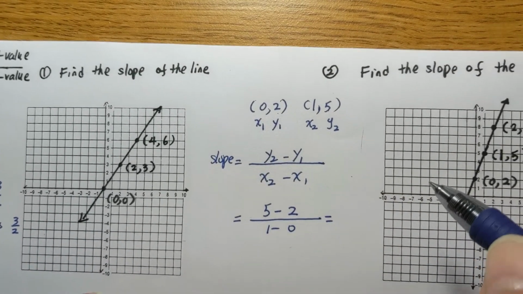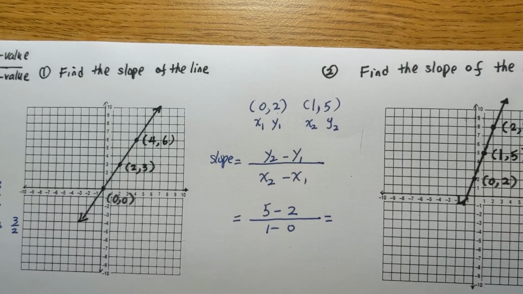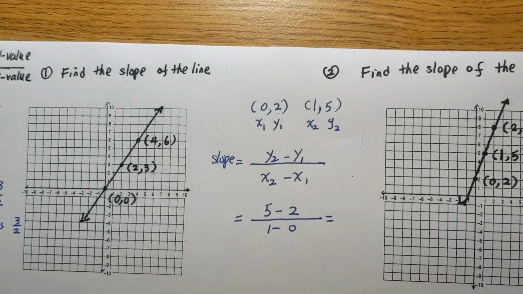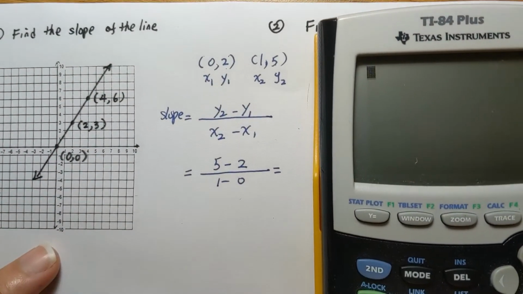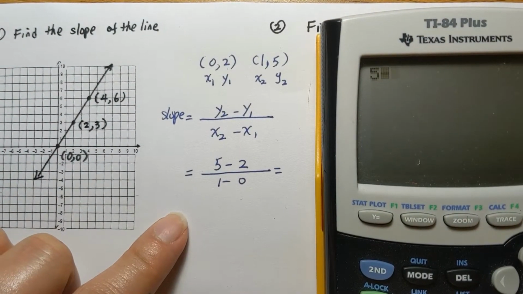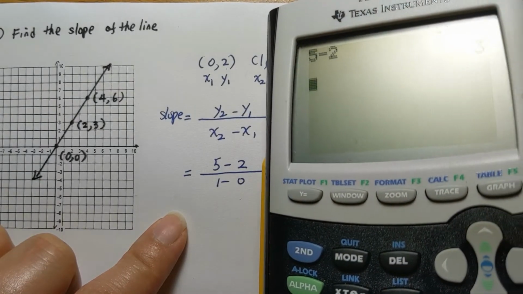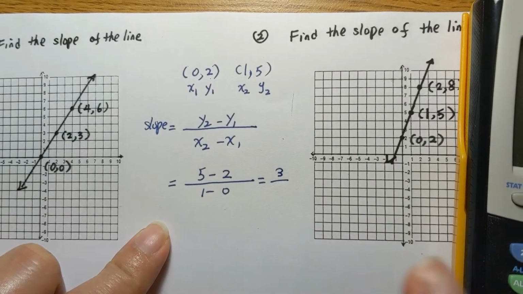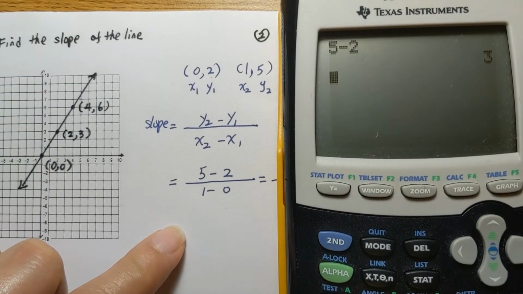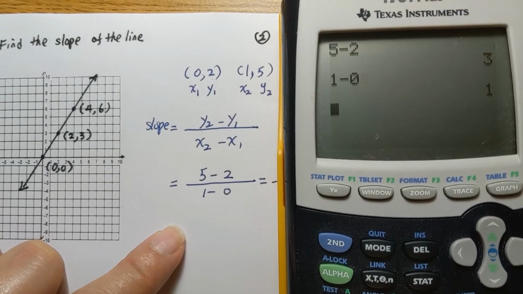Now we're going to simplify. To simplify, you can do it by hand, or you can use a calculator. So I want to show you how to use a calculator. So you do 5 minus 2 equal 3. So therefore, you get 3 over, and then 1 minus 0 equal 1.